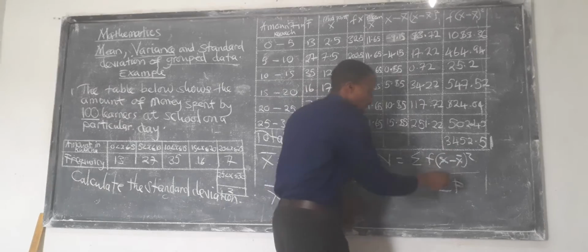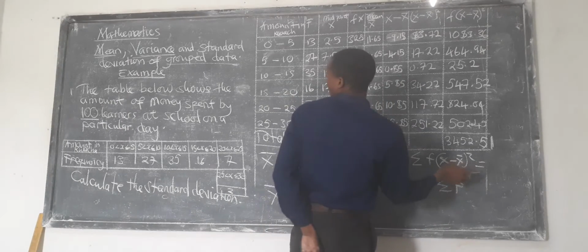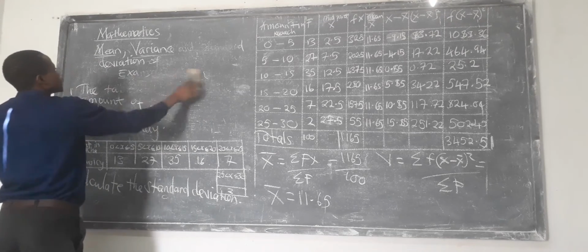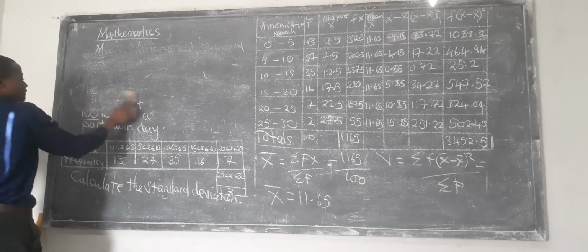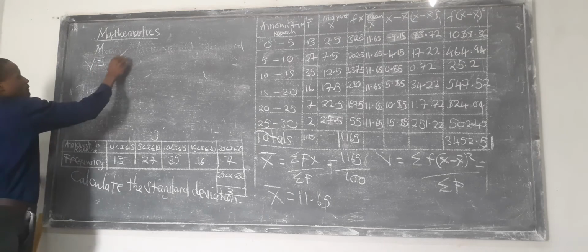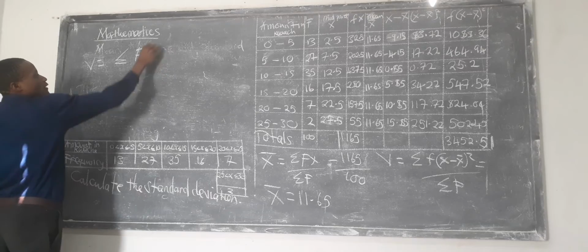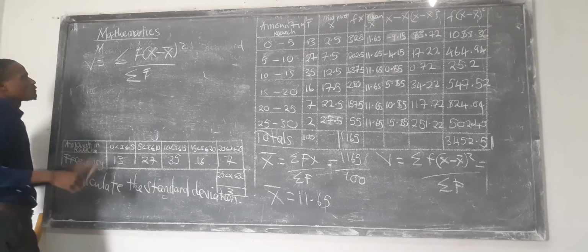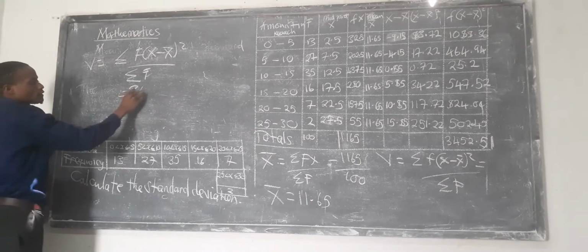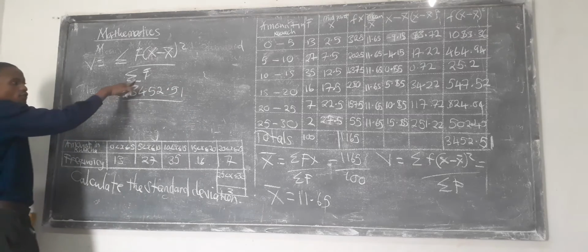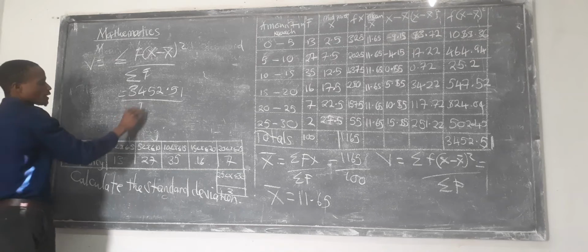So we divide by the summation of the frequency, meaning the total frequency, which is 100.